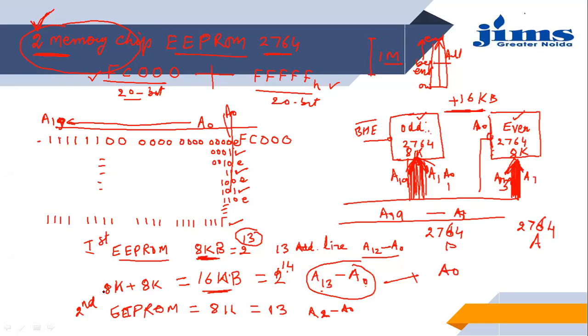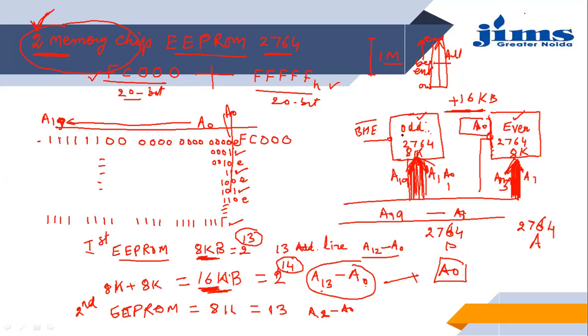But because I am using both ICs together, the total address space will be 16 kilobytes and total address lines will be 14. Out of these 14, one will be taken out for the chip select line. The rest 13 lines will act as the address lines for the even bank and 13 lines for the odd bank.